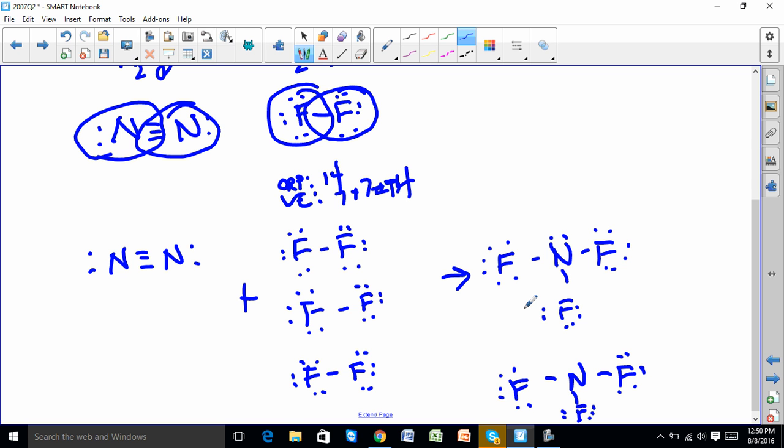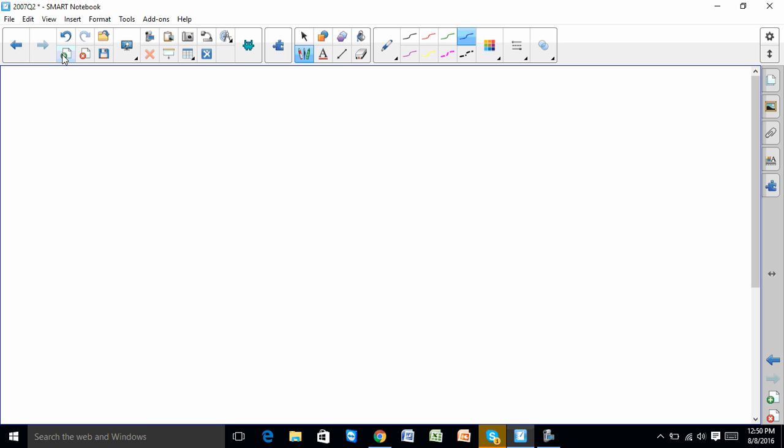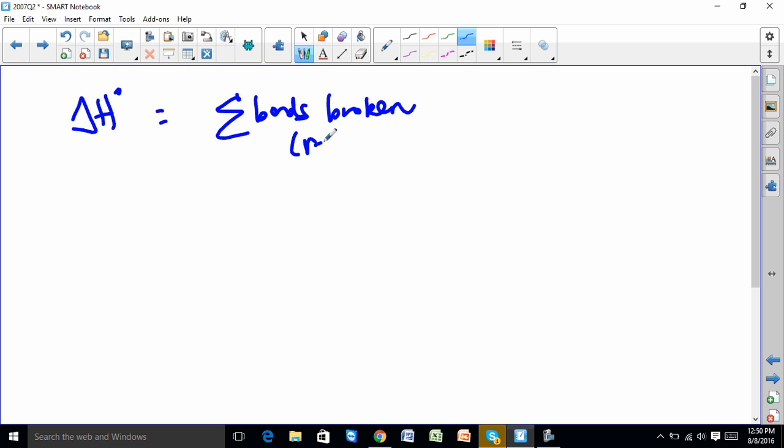Now I'm going to do a new page, and then I'm going to come back here and go back and forth. So here's the deal. Delta H of the reaction is equal to the sums of the bonds broken. Which things break?